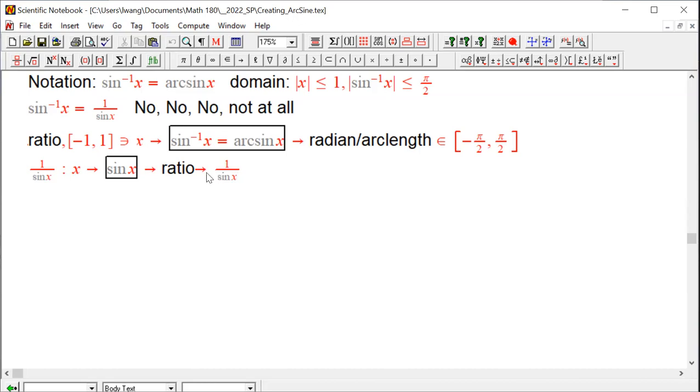We take that ratio and turn it upside down, and then we produce 1/sine. So sine x is a ratio. Do you guys follow me? It's very important to understand that. But very unfortunately, we see these mistakes in very high level courses in mathematics. We see these mistakes in calculus classes. I mean, calculus classes, I use plural.